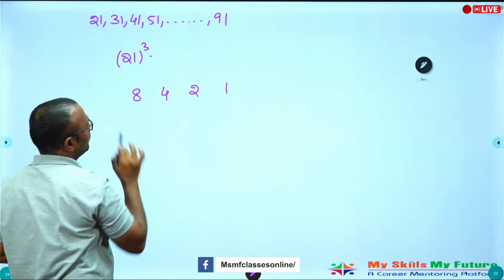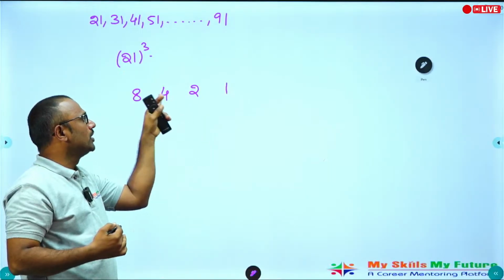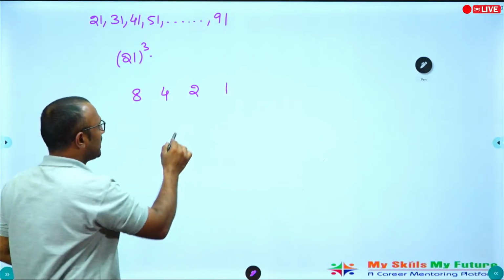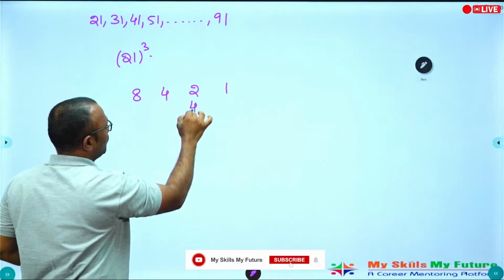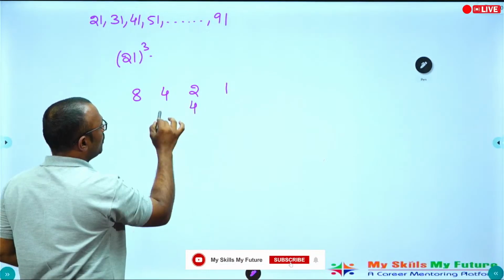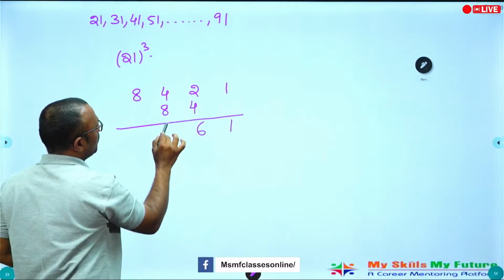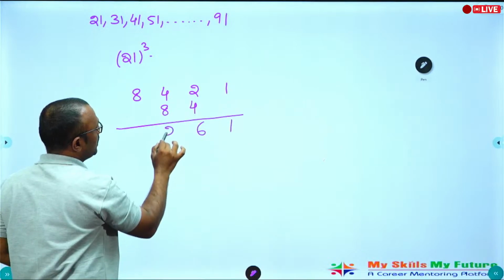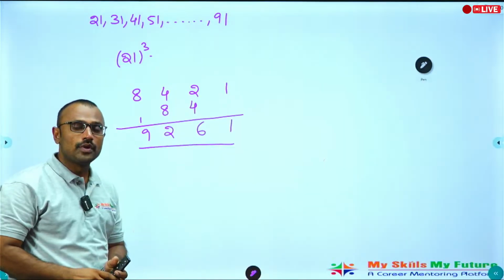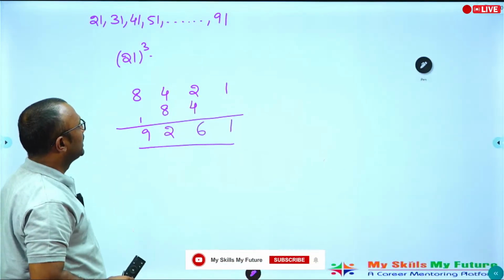So from the right side onwards: 1, 2, 2 square, 2 cube. Twice the middle number: 4, 8. So 1, 6, then 4 plus 8 is 12, so 9261. 9261. Are you getting it?